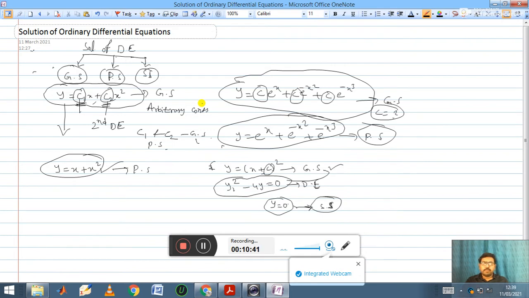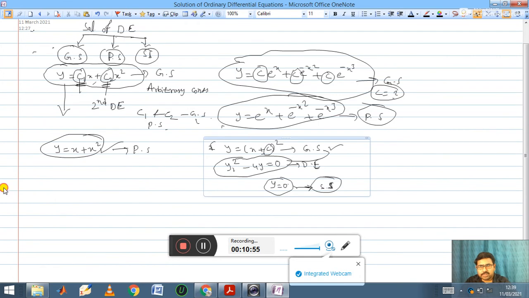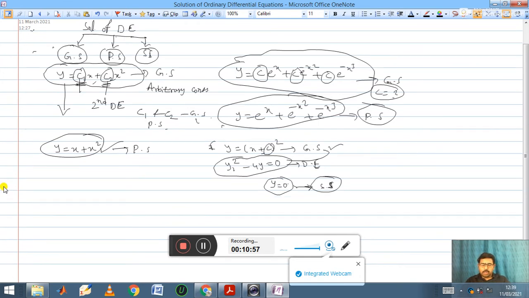Usually in examinations they give the general solution. If you eliminate arbitrary constants from the given general solution, it leads to the differential equation. So let us see one simple example. Here I am choosing the first one.